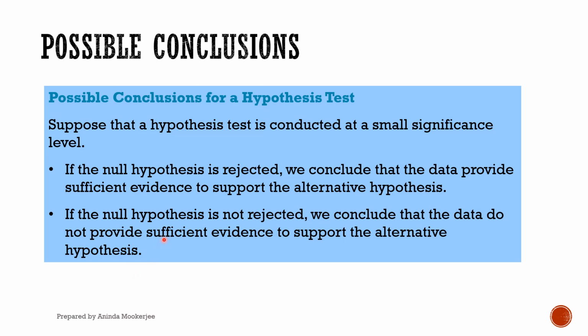So when we write the interpretation at the last step of our hypothesis test process, we have to phrase it so that we say that the data either provide sufficient evidence if we have rejected the null hypothesis, or we have to say that the data did not provide sufficient evidence to reject the null hypothesis and replace it with the alternate hypothesis.